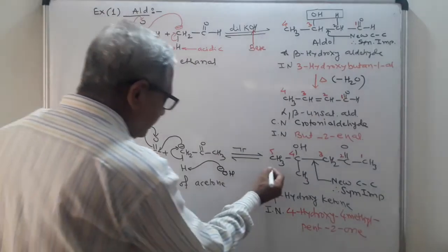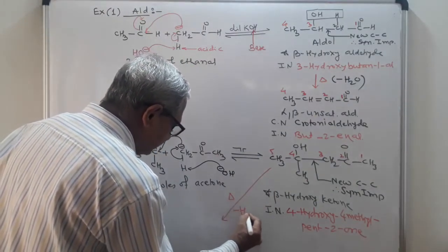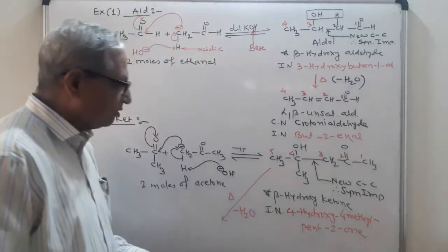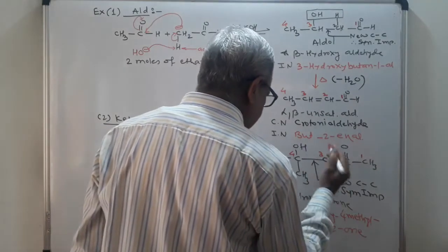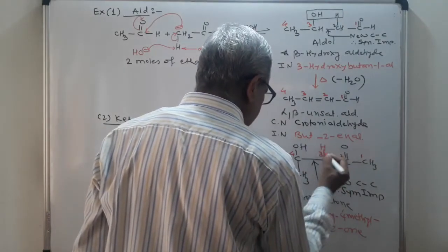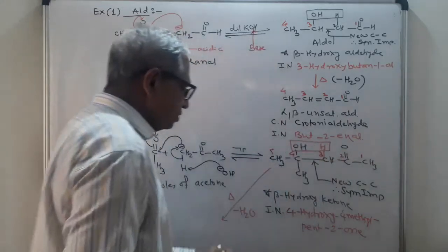When this compound is heated, it undergoes dehydration reaction, removal of water molecule. See here on the carbon number 3, there are 2 hydrogen atoms. You can also write the 1 hydrogen atom here. You can easily remove the water molecule, H2O. So what will happen?